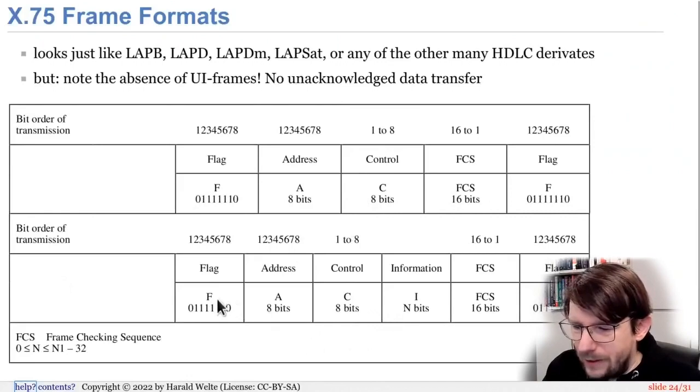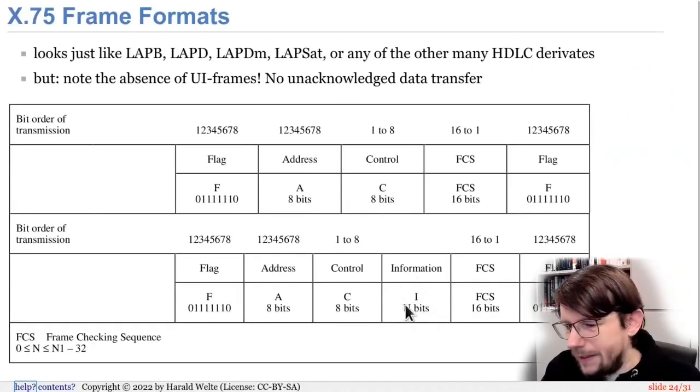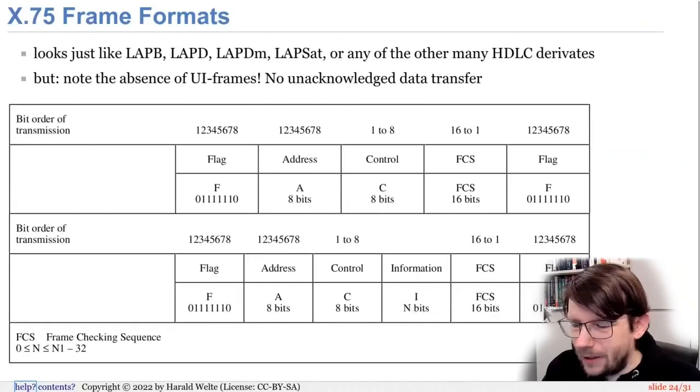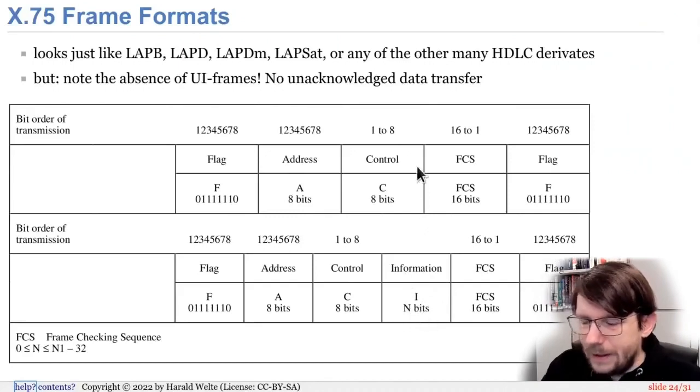So we have a flag, address, control, then n number of information octets as the I field, the information field, and then a 16-bit frame check sequence and a flag octet at the end again. So the only difference between those two is whether the information part exists or not.